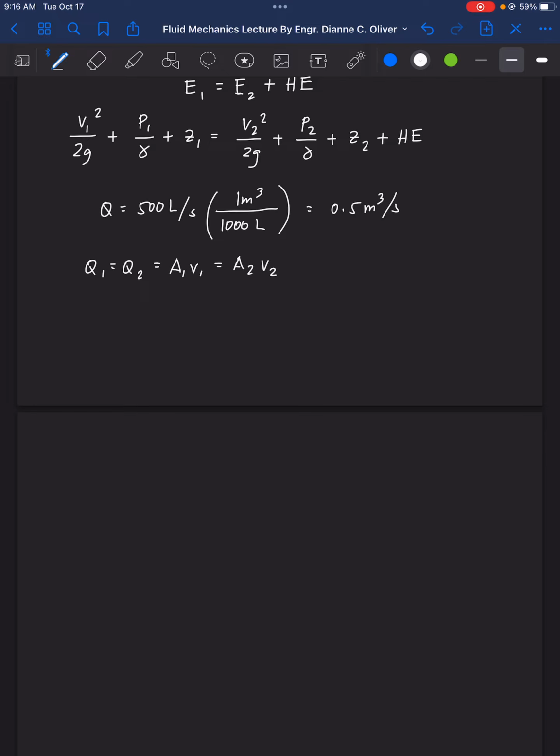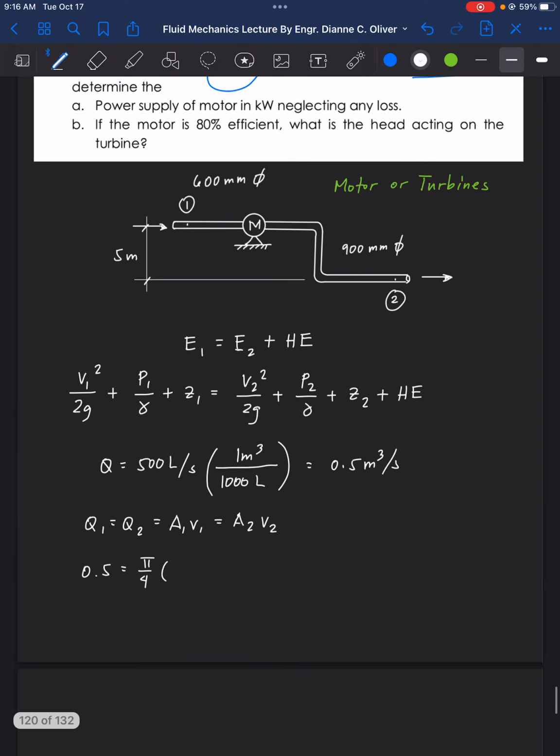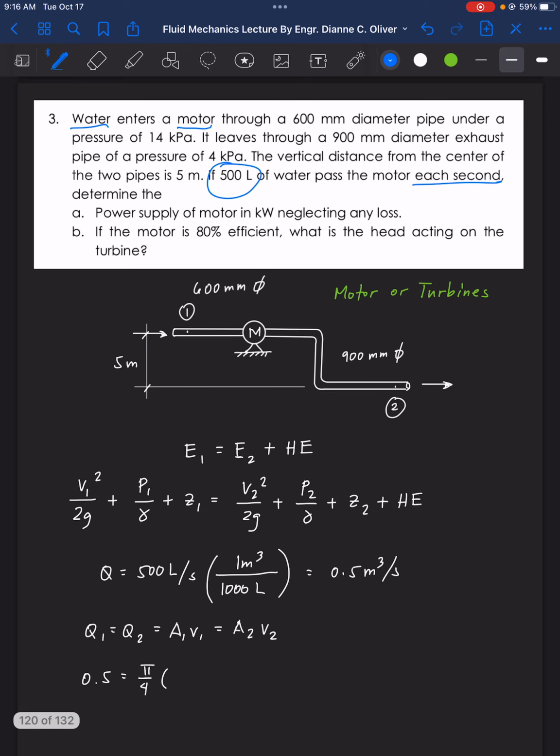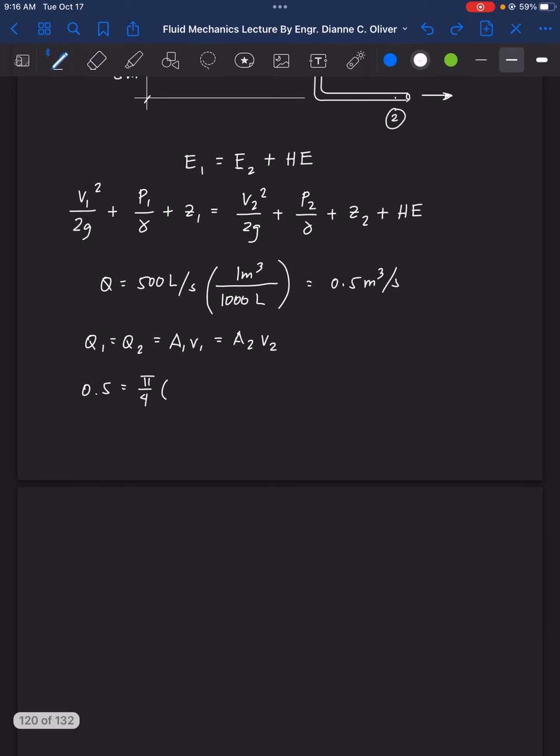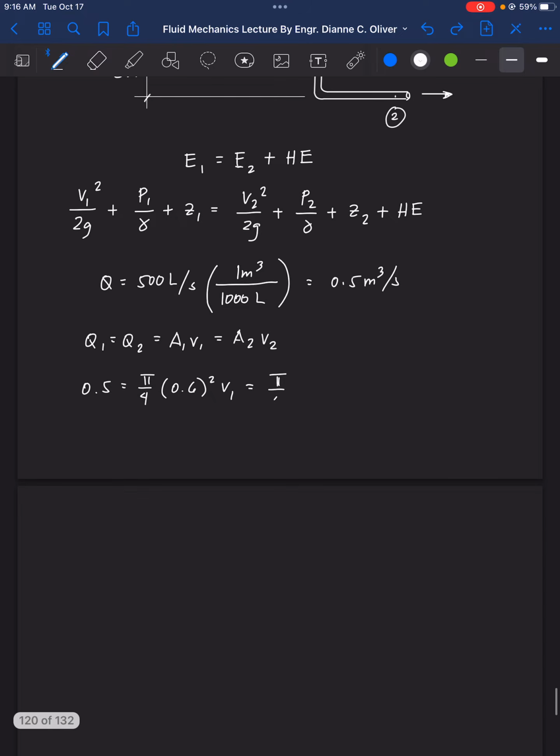Since we have Q as 0.5, we have here 0.5 is equal to pi over 4 times the diameter for area 1. The pipe 1 is 600, the pipe 2 is 900. So this is 0.6 squared, then velocity 1, equals pi over 4 times 0.9 squared, and then V2.